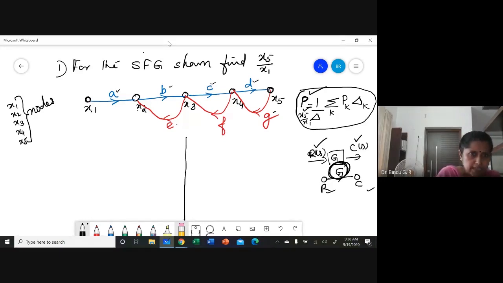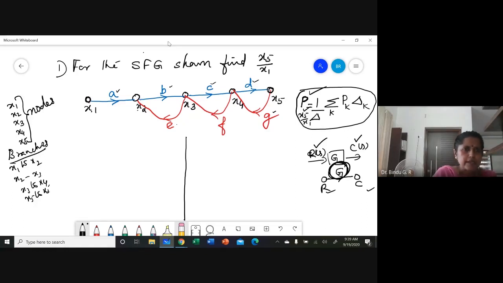Now another thing is branch. Branch means x1 to x2, x2 to x3, x3 to x4, x4 to x5. These are all branches.